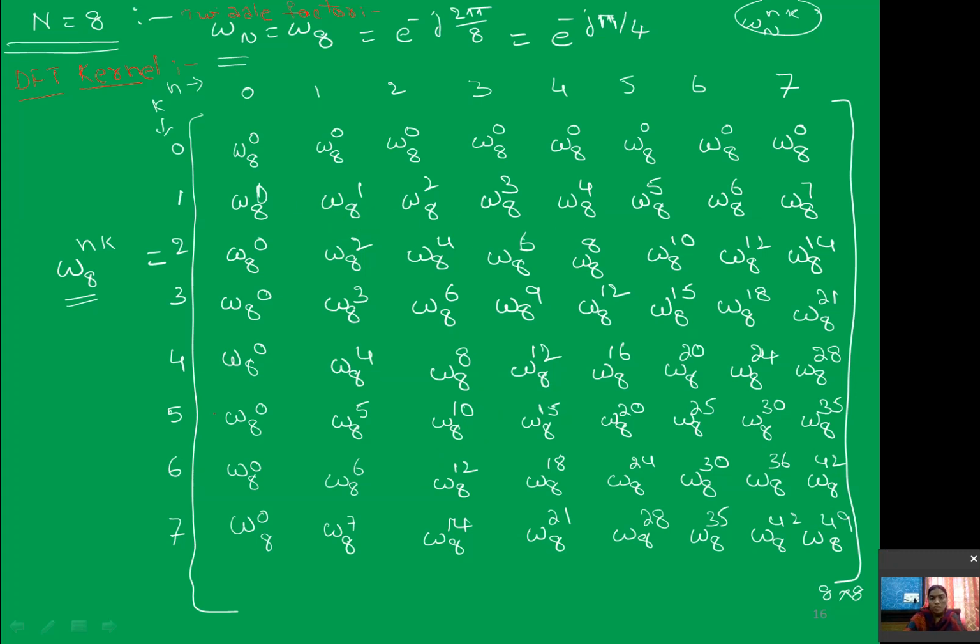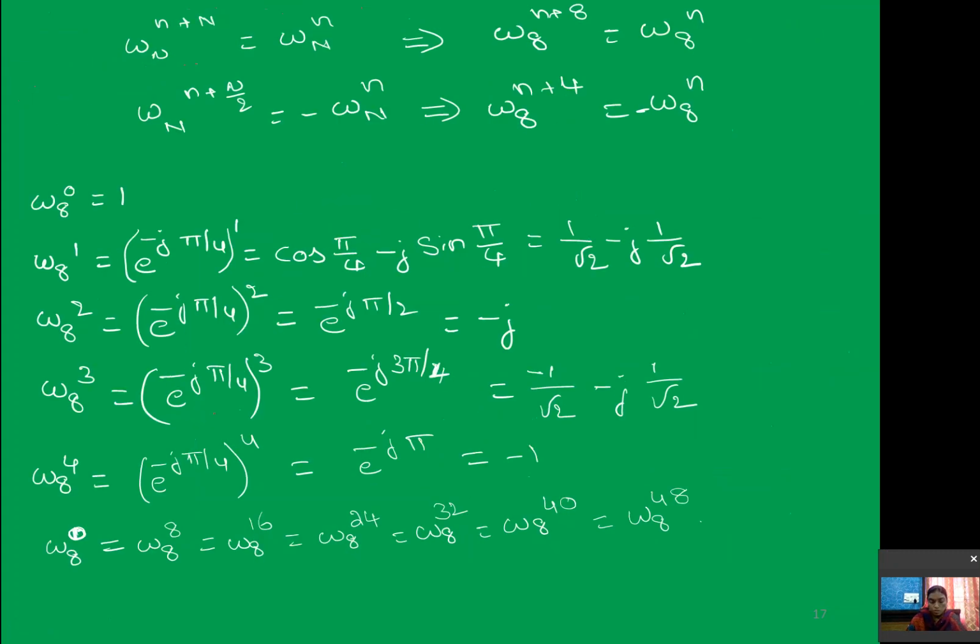First find the values based on the two properties, right? So these two are the properties. The first one is the periodicity property. The second one is the symmetry property. The proofs we have also seen in the previous videos.